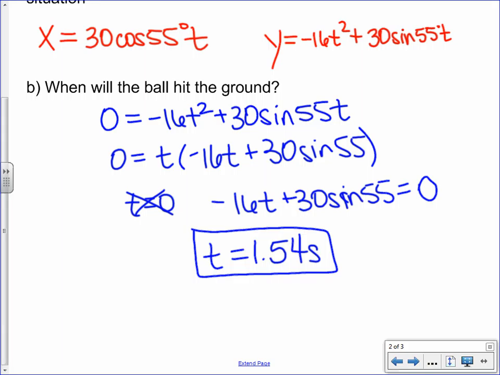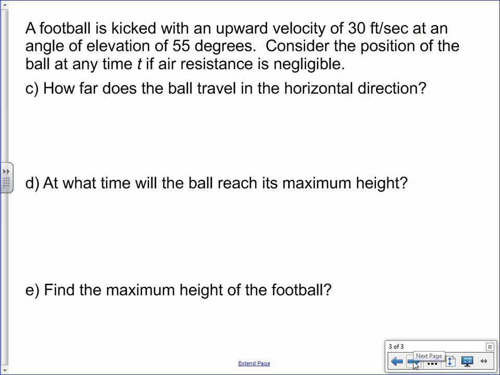So let's find out. How far does the ball travel in the horizontal direction? What are we looking for? We're looking for x. And how do we know how far it's traveling in the horizontal direction? Plug in which t? Okay, so we know that from the time he kicks it to the time it hits the ground, it's in the air for 1.54 seconds.